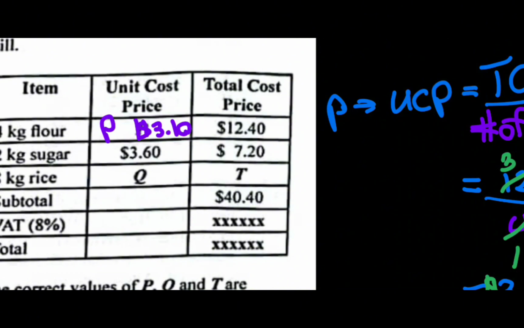Next, we have to find Q and T. We barely have any supporting details, but we do have the cost price and the subtotal.